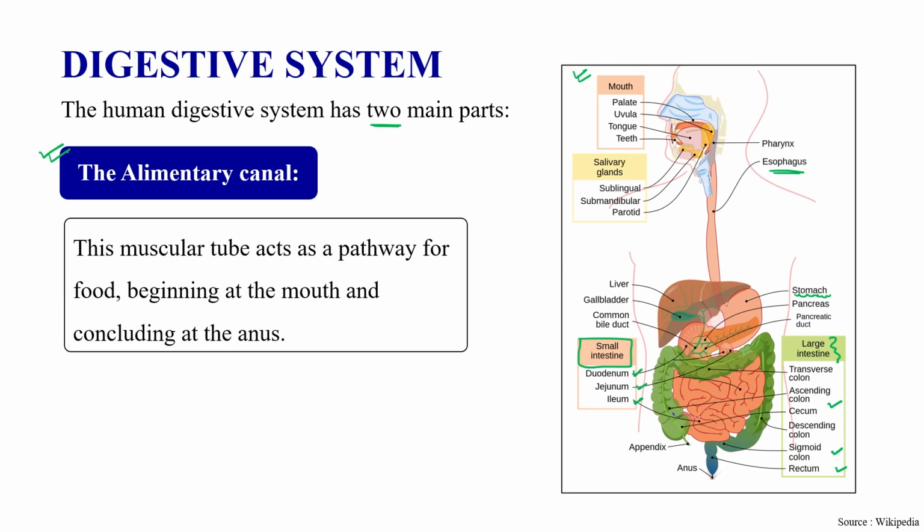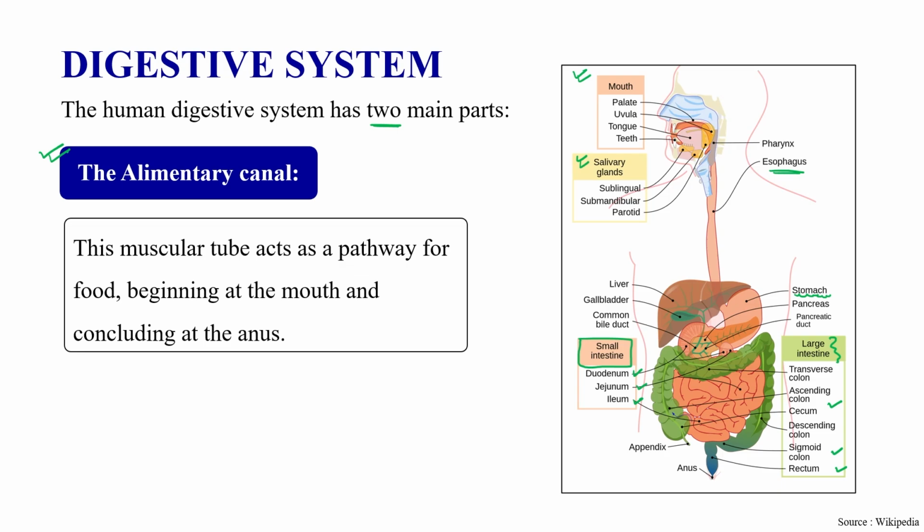Certain glands are also involved, like salivary glands. Salivary glands are present in our mouth in various areas, like sublingual, submandibular, and parotid, which release saliva, and saliva helps to convert the big particles of food into small particles, or bolus form.